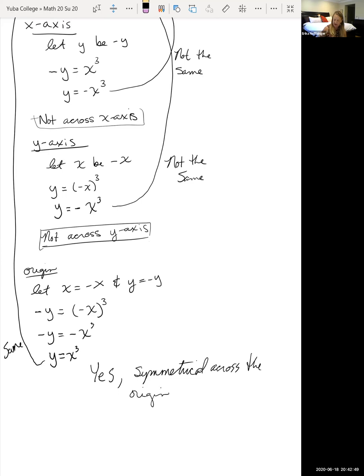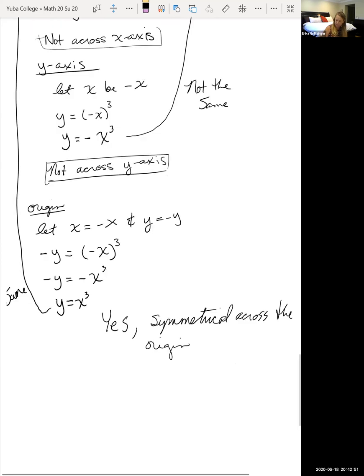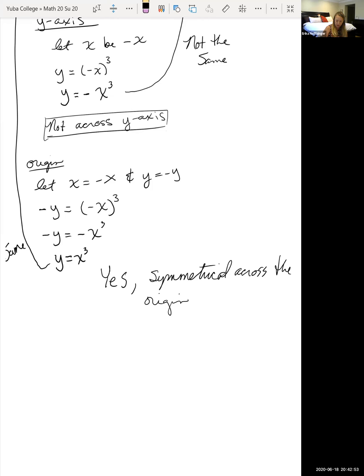So if we wanted to graph it, so we know if x, y is a point, we find one point, we know another point. We know negative x, negative y is also a point. Well, intercepts, if I let x equal 0, I get back 0. So 0, 0 is a point.